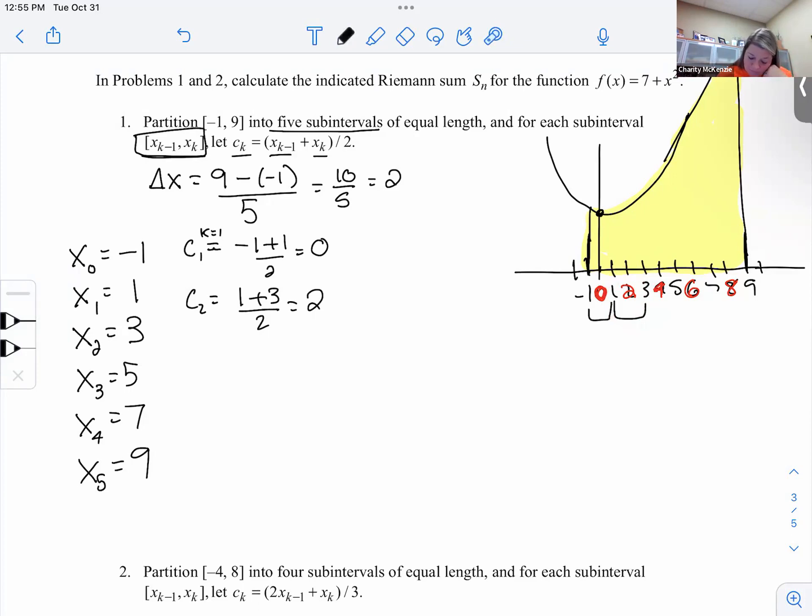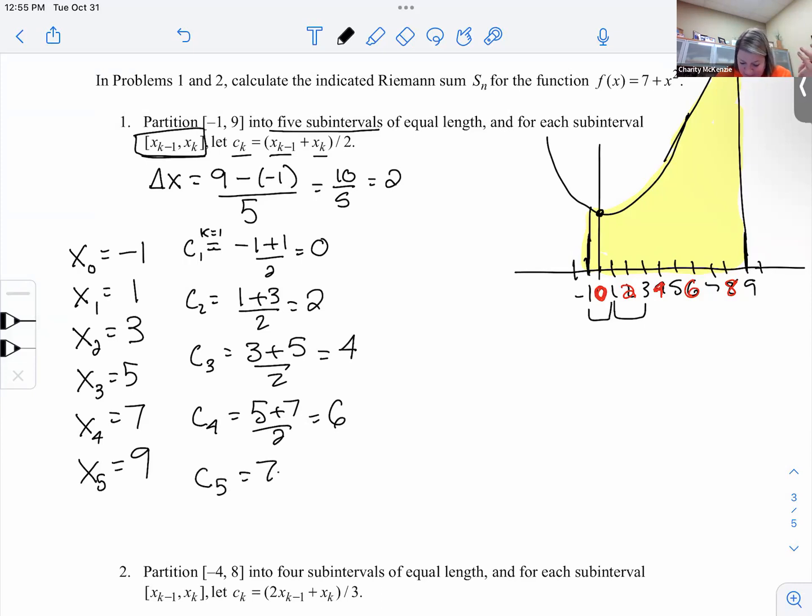And then the next two would be 3 plus 5, which is 8, divided by 2 is 4. And then C sub 4 is going to be 5 plus 7 divided by 2, which is 6. And our last one will then be 7 plus 9 divided by 2, which is 8.